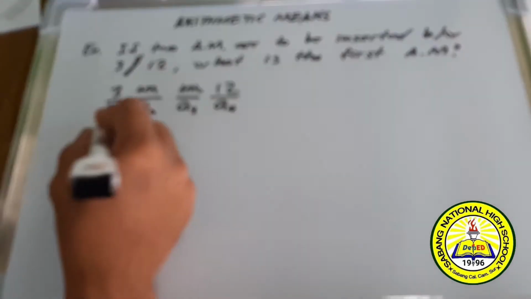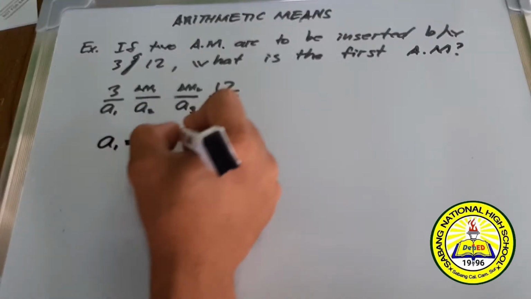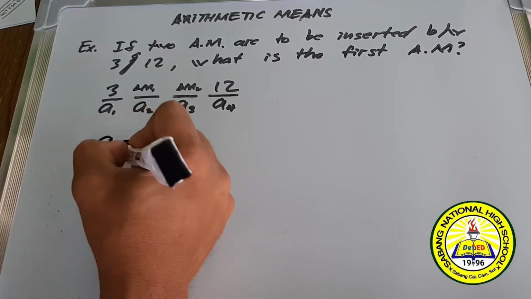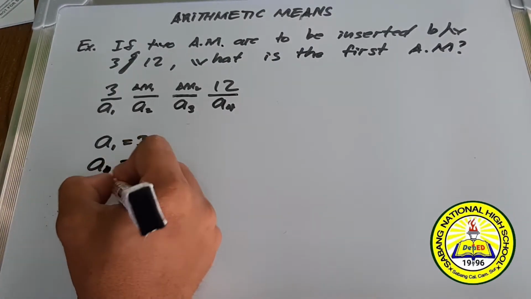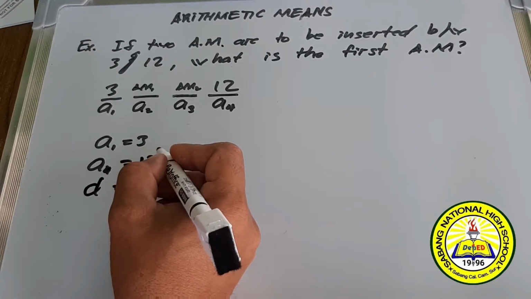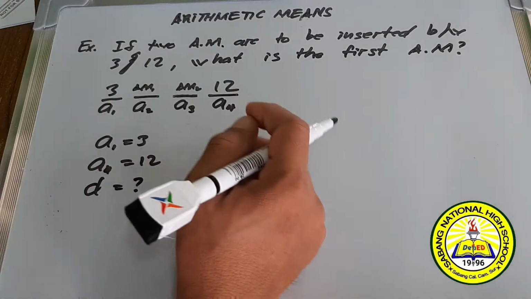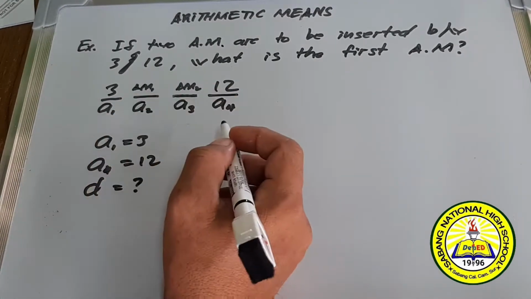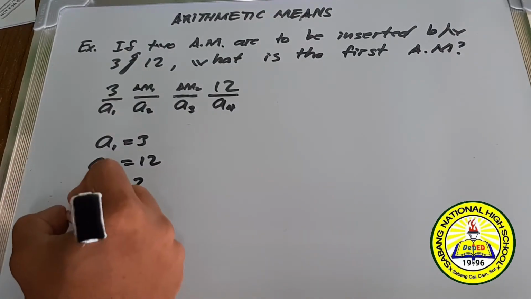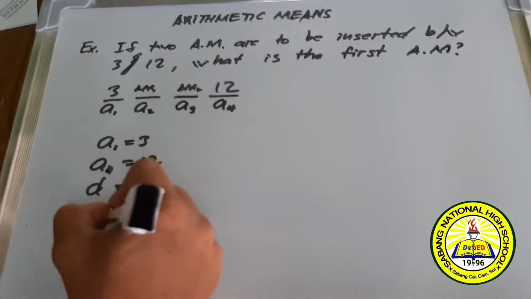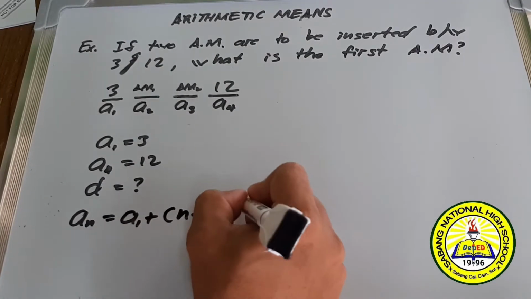We know from the given in our problem that A sub 1 is equal to 3 and A sub 4 is equal to 12. But we don't know what d is. d is not given. So we are going to find first the value of d before we can proceed with the value of the second term. To find the value of d, we are going to use again the formula A sub n is equal to A sub 1 plus the quantity of n minus 1 times the common difference.